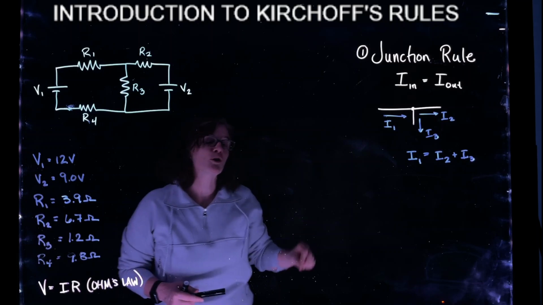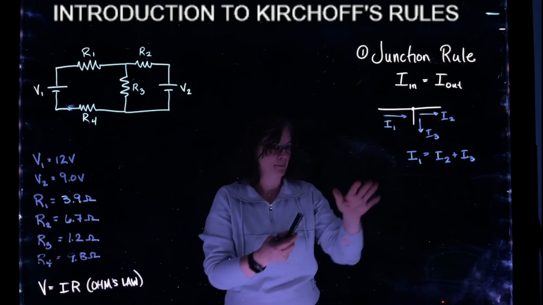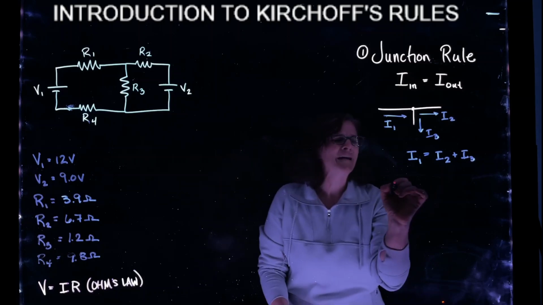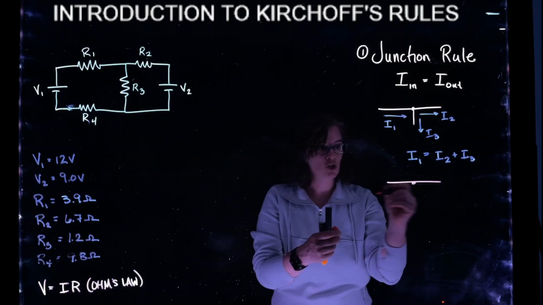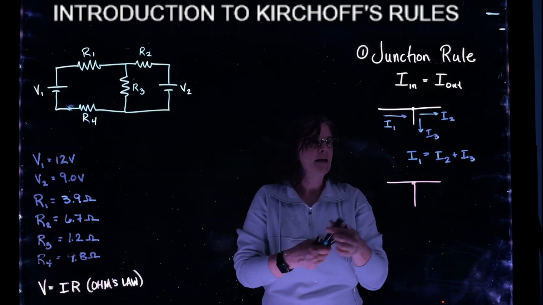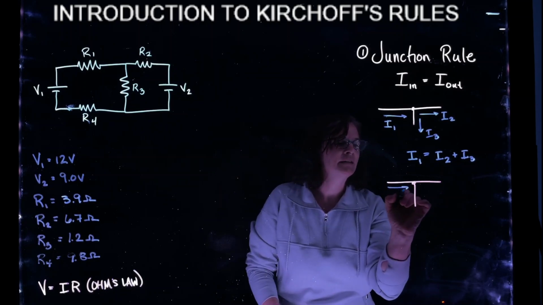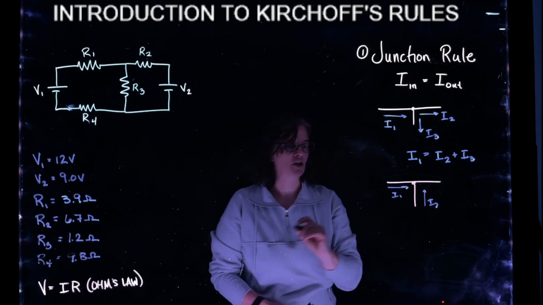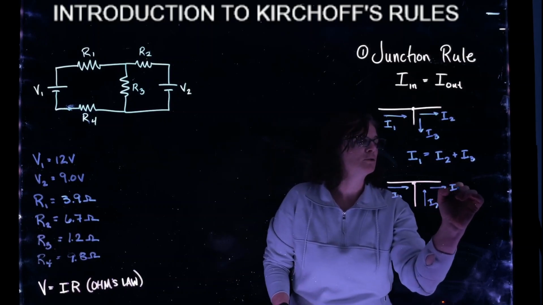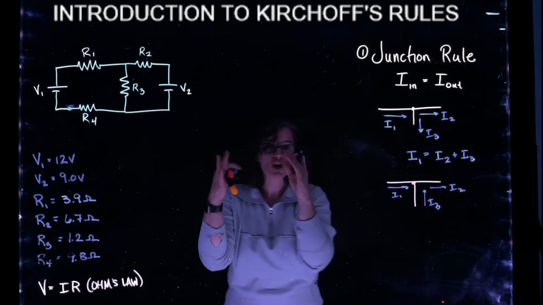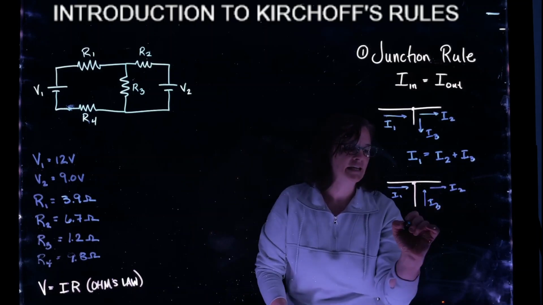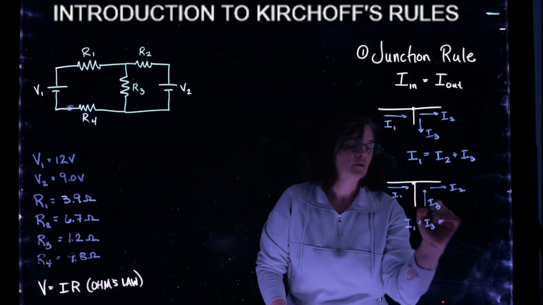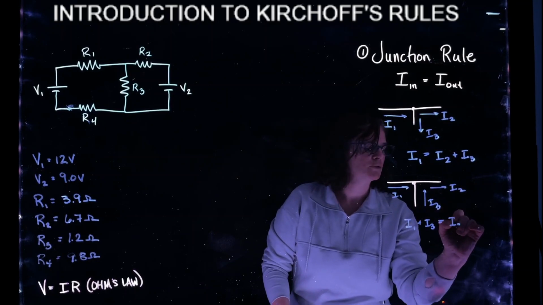If we choose incorrectly, if, for example, this is the correct way the currents flow, but instead maybe I chose in my analysis that current I1 and current I3 go into the junction, and current I2 goes out. Now if I write my junction rule, what's in, I1 plus I3, equals what goes out, I2.